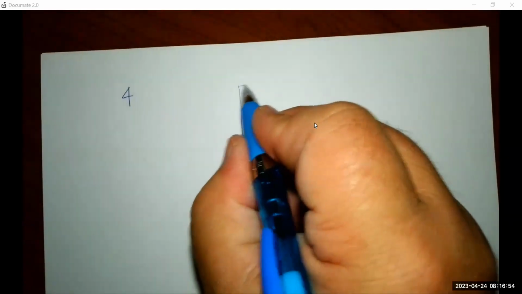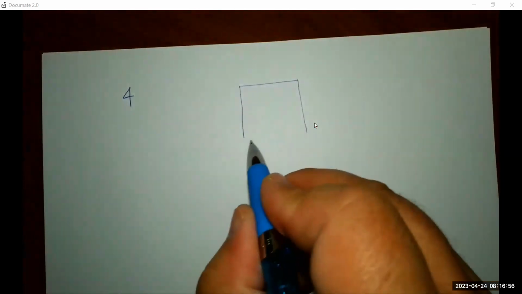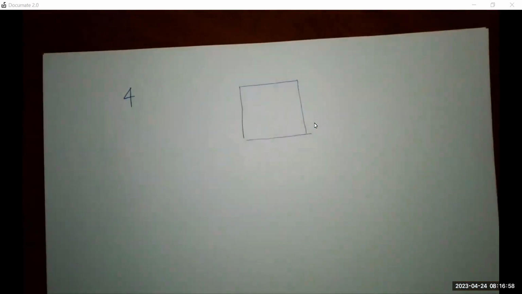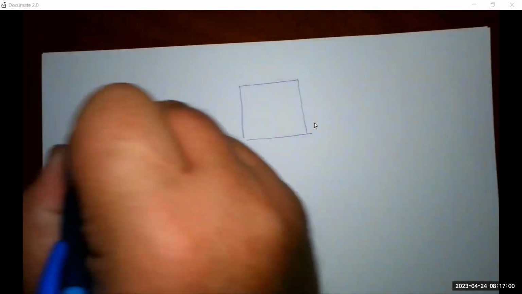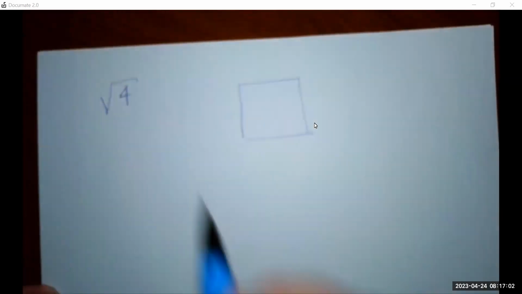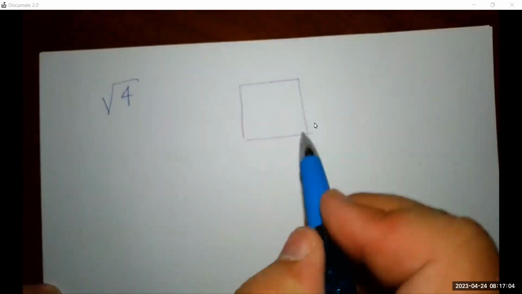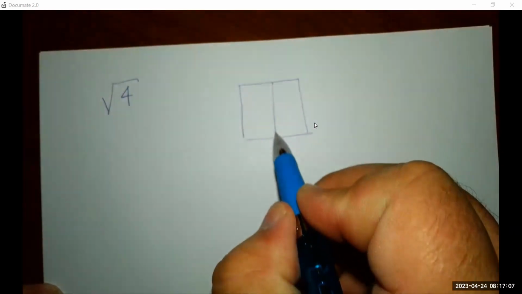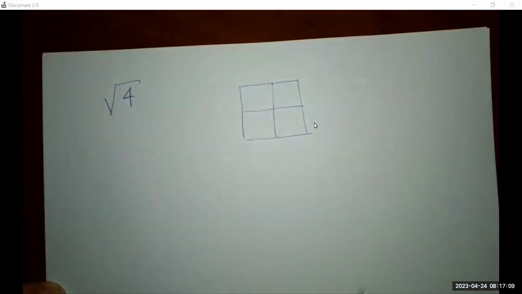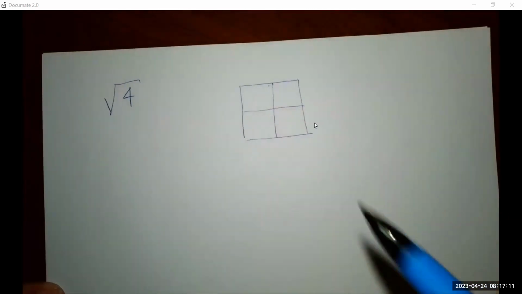Graphically, what this means. If we have the number 4, we have a square because we're going to take a square root of it. If we have a square, can we make it into 4 equal parts?